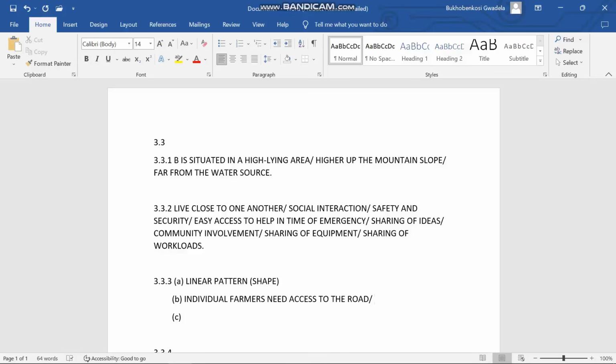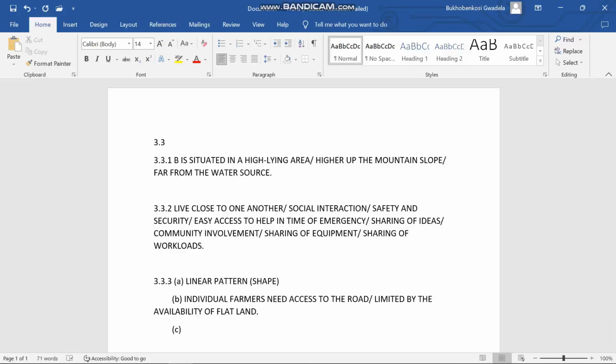Yes, limited by the availability of flat land. That's why it's so narrow and elongated. Flat land. Yes, that's how it goes.